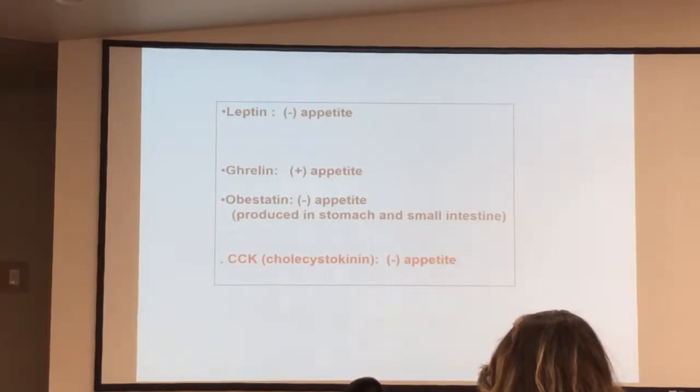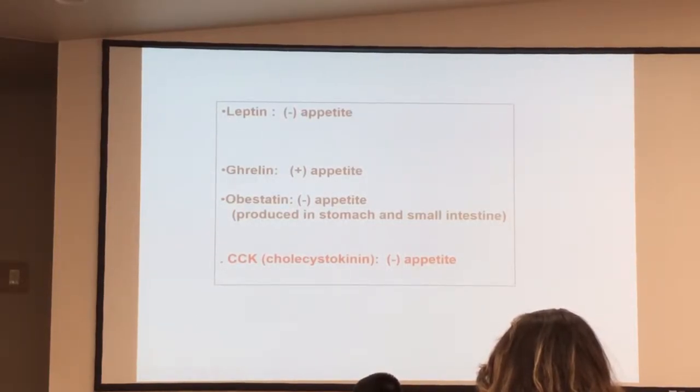We have a slide. Okay, so we put it together. Leptin inhibits food eating. CCK will inhibit appetite. Obestatin, means fat, right? Statin inhibits. They are also produced by a small part of cells in the stomach and small intestine. So all of them inhibit.